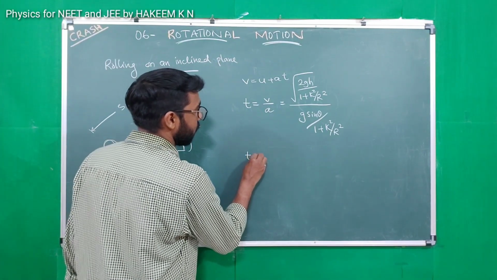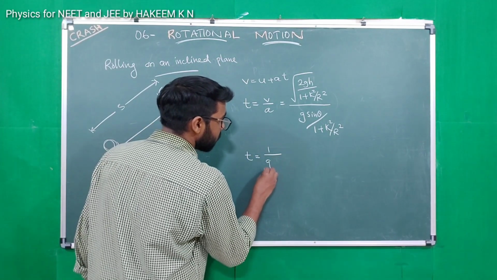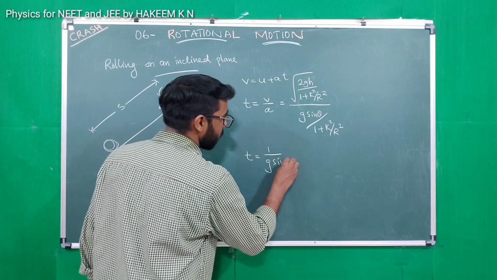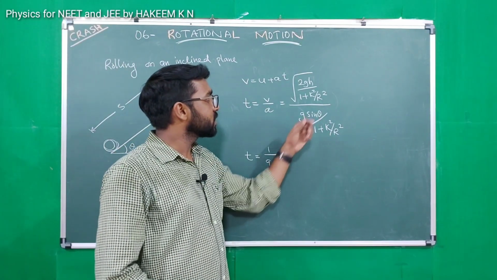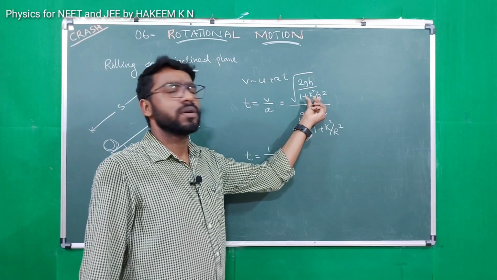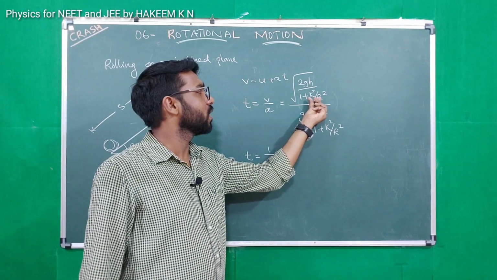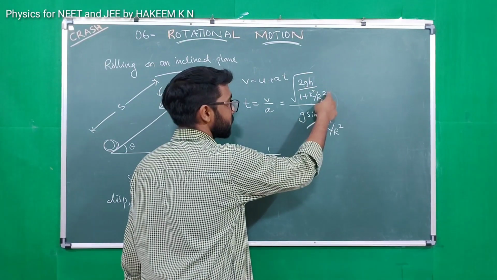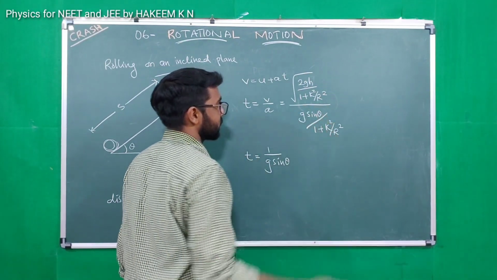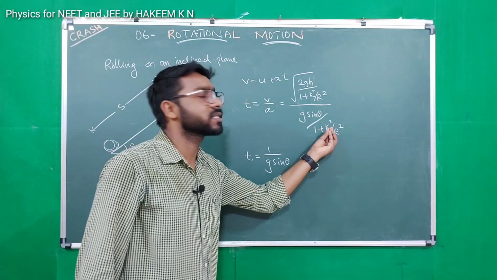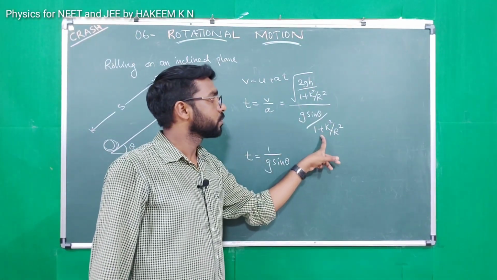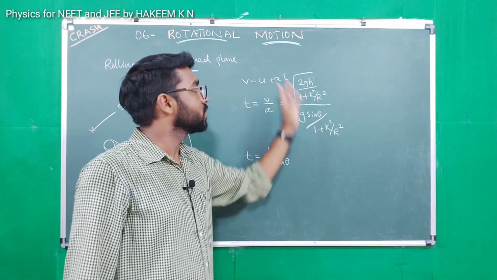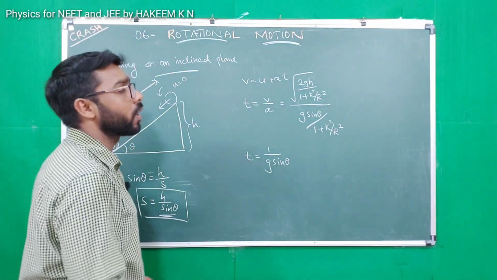So time t equal to 1 by g sin theta. We just imagine 1 plus k square by r square as x. So here root of 2gh by x by g sin theta by x. So what will happen? This x will go to the top. So this will become inside the square root.